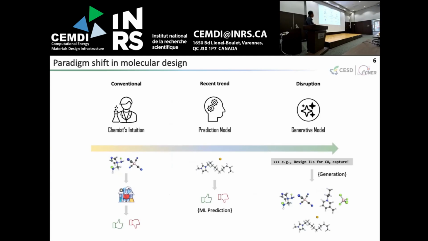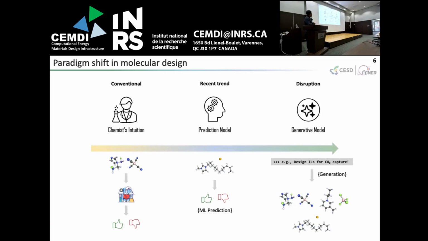For this presentation, I organized my talk more like a story. The storyline starts from how we conventionally design new molecules, which relies on chemist intuition. Then, starting from several years ago, people started to use machine learning prediction to guide the experimental and also the molecular design, and now we have very advanced generative models to explore a wider chemical space.